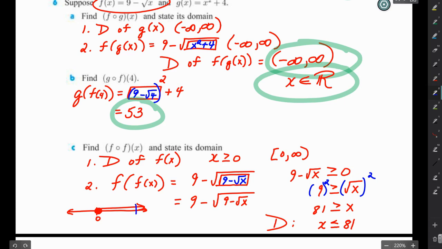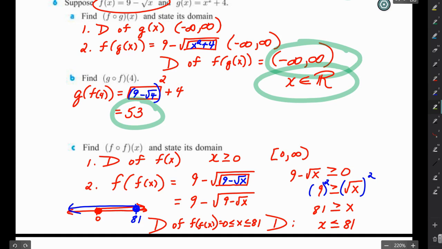The domain of the composite function says that it has to be less than or equal to 81. Well, where do they overlap? They overlap right here. All right, so the answer to this one, the domain of the composite function, is going to be between 0 and 81. So greater than or equal to 0 and less than or equal to 81.